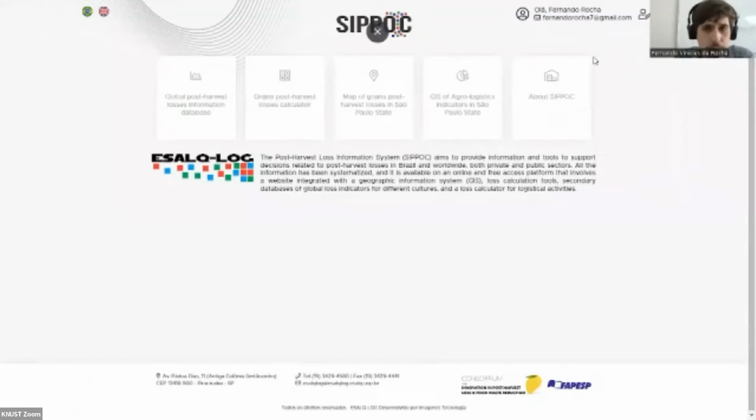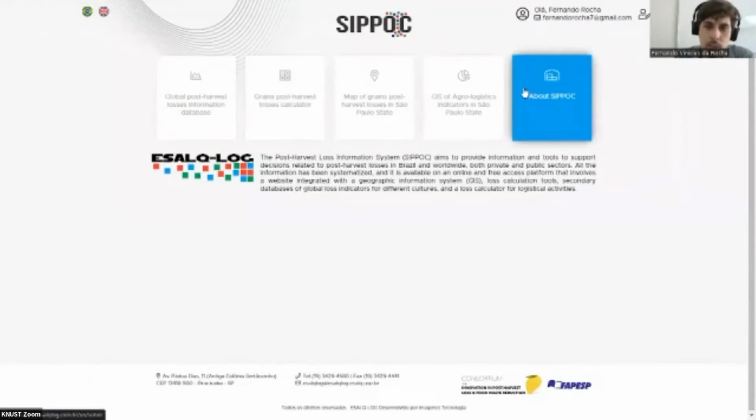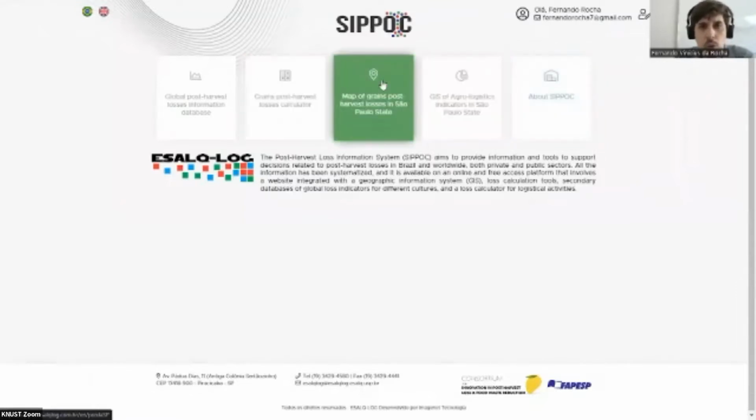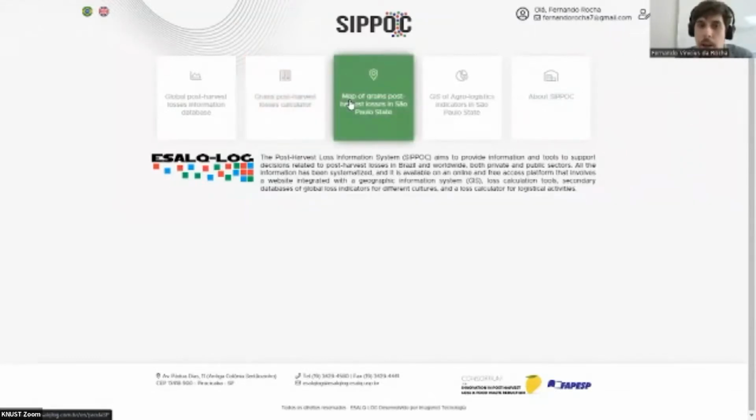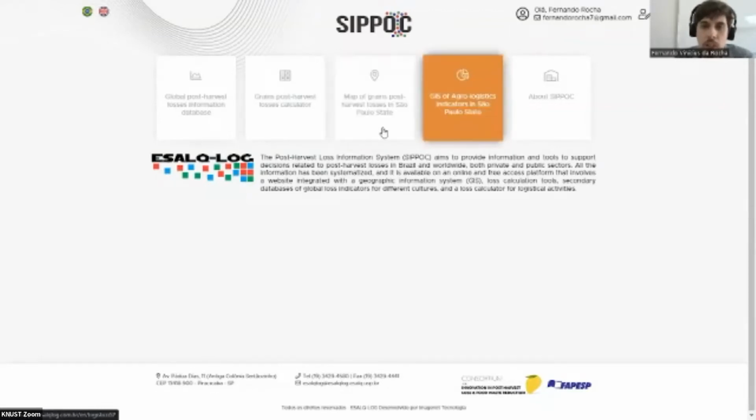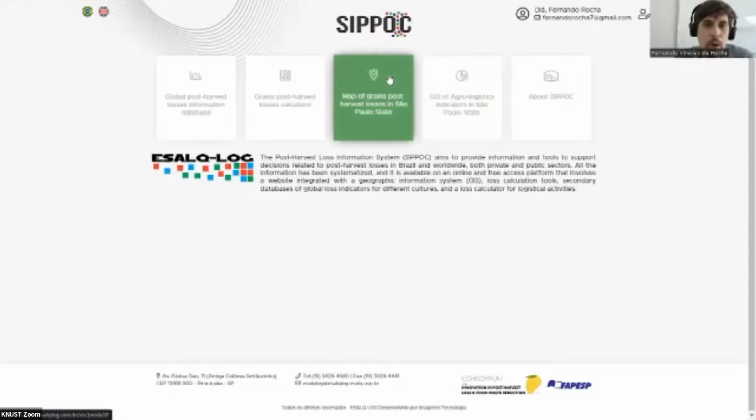So very fast, SIPOC has some different tools included in the platform. We have a grains post-harvest loss calculator, and two GIS tools with some agro-logistics indicators for São Paulo State here in Brazil, and a map of grains post-harvest loss specifically for São Paulo State.